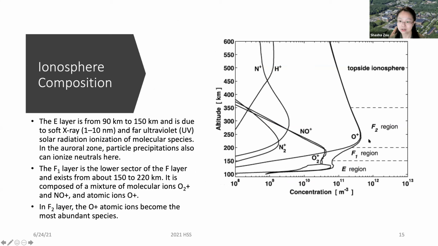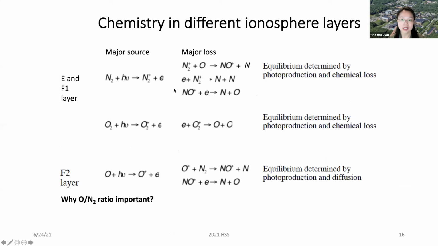For the F region, we ionize the atomic oxygen, we get O+, and O+ is now the most abundant plasma here. No surprise. But in the E region, the N2 is the most important neutral particle. But surprisingly, the N2+ is not. Okay, so why is that? We need to look at the major loss process here.